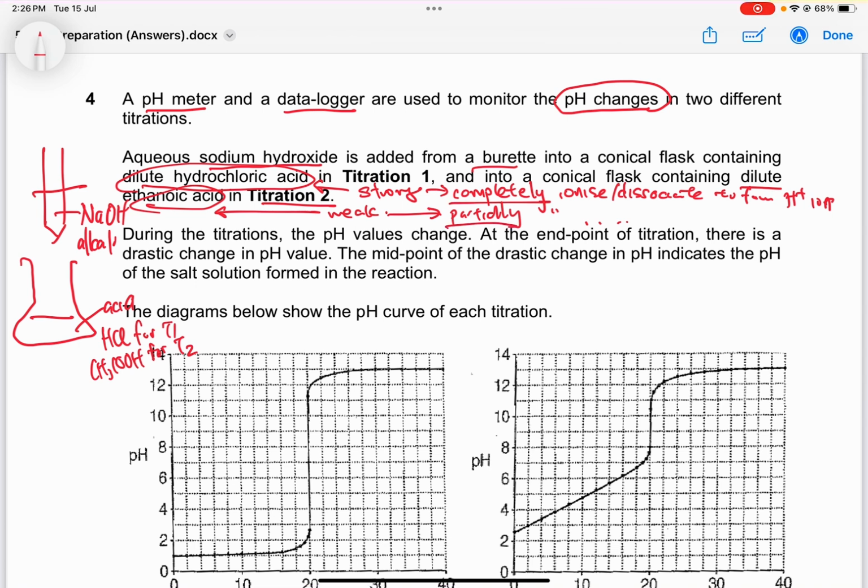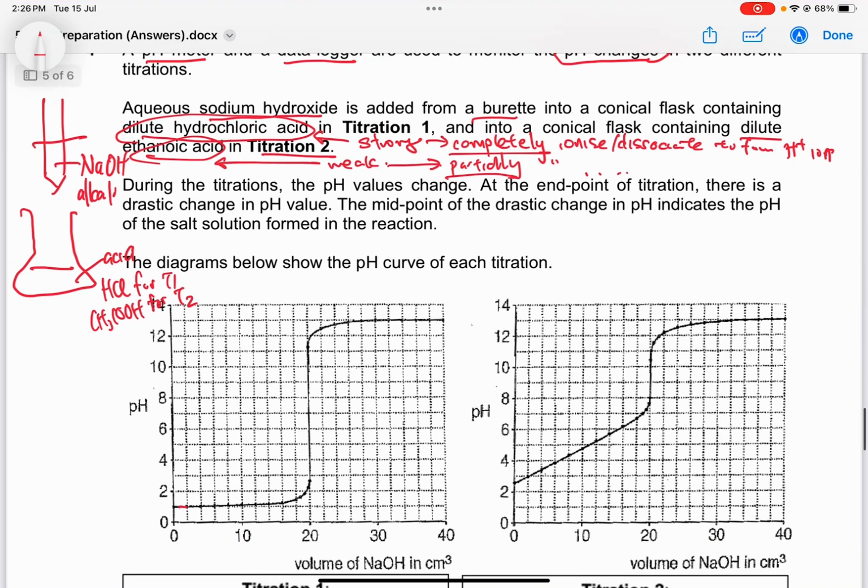Okay, next, during the titration, the pH value changes. If I look at the graph, I can see the pH value is flat, then goes up all the way, and then it becomes 13. So from 1 to 13. Whereas for this one here, you realize it starts at about 2.5. It gradually increases as more and more alkali is added. Then at 20, there's a sharp increase. Then it will end off at 13.